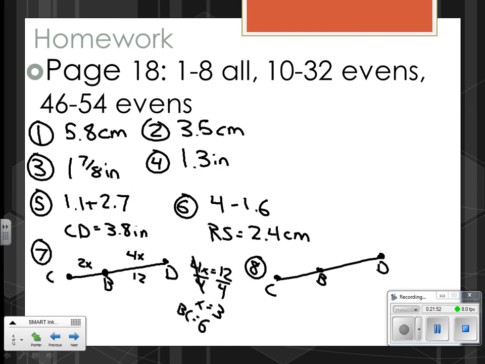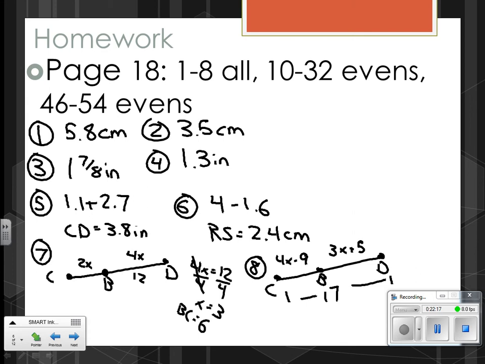Now we're just going to label it. CB is 4x minus 9. BD, 3x plus 5. And CD, the whole thing is, how long? 17.